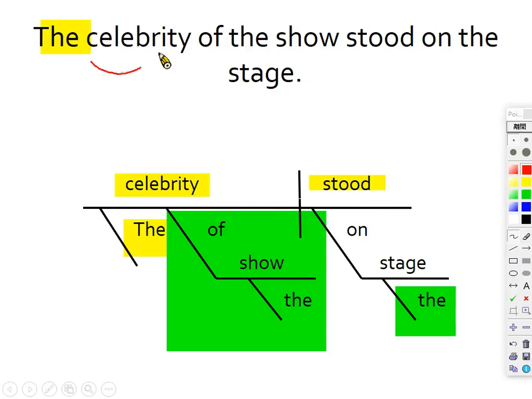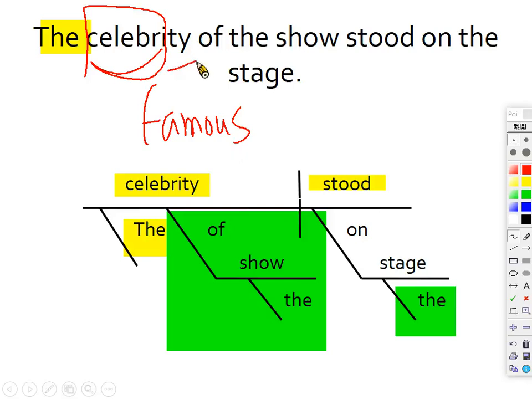Okay, celebrity is famous people, a famous person, right? Because celebrate, this Latin root, is famous. So celebrity is an entity of becoming famous. Okay, that is a famous person. So if you celebrate, what would you do?